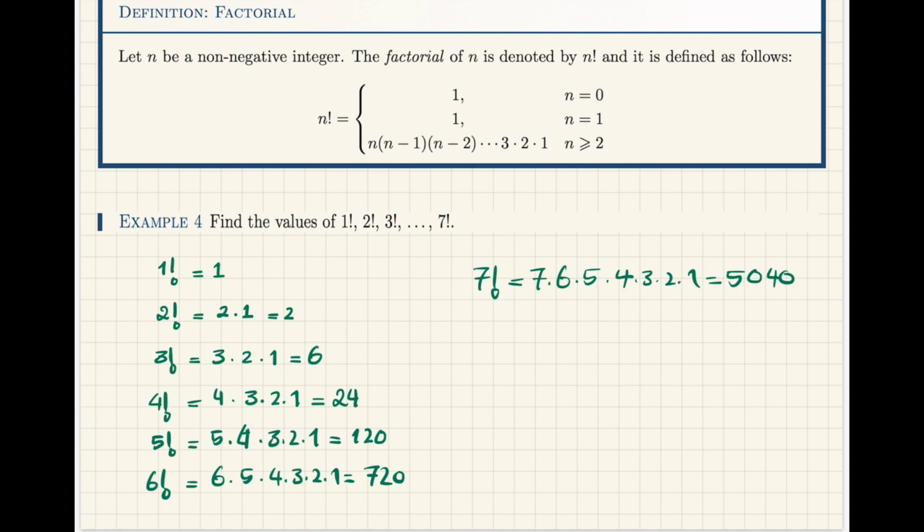Yes? They are always even, except for 1. Yes, so that is one thing. But we can be more specific than that. The unit digit becomes 0 as n increases. Yes. Why is that?